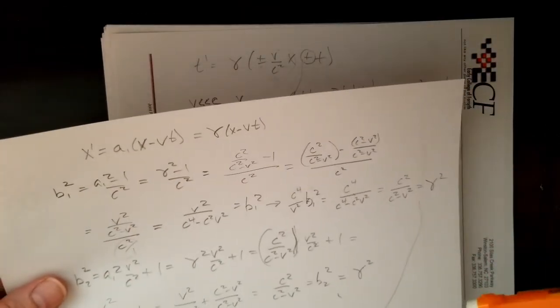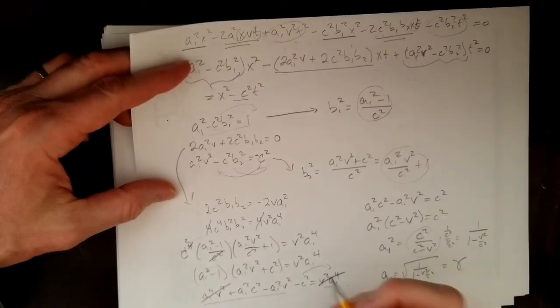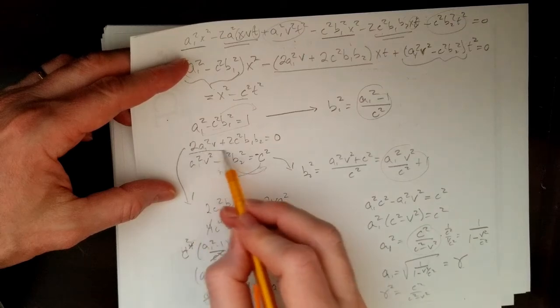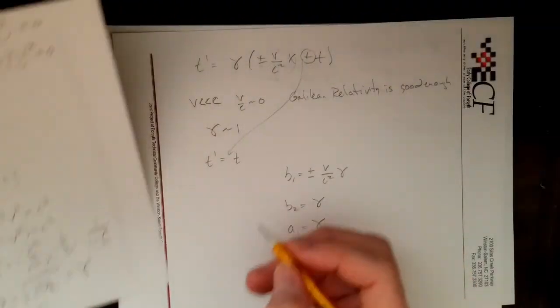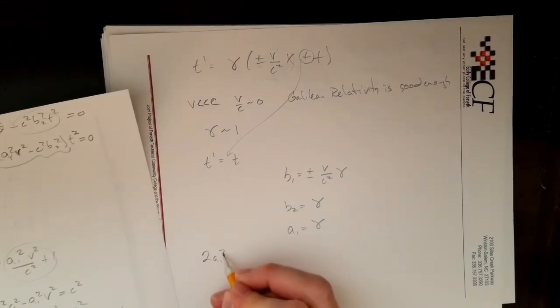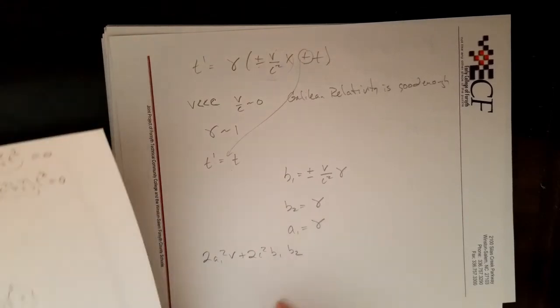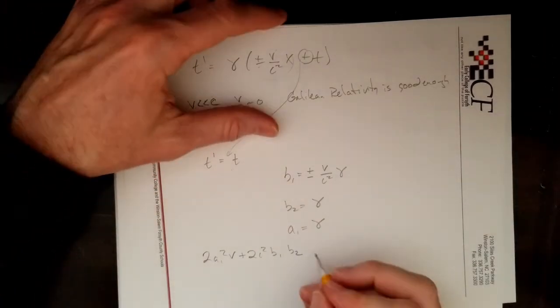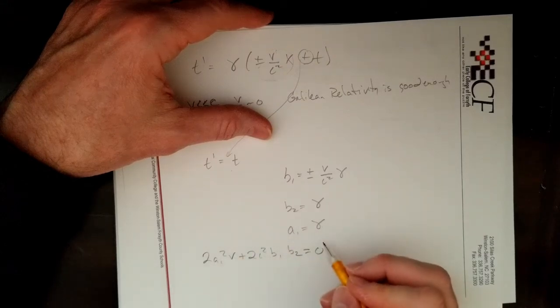Now, when we did our derivation earlier, we had this relationship right here. I'm going to rewrite that equation. So we have 2a1 squared v plus 2c squared b1 b2 equals 0.